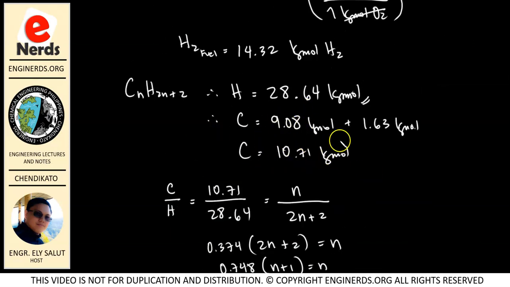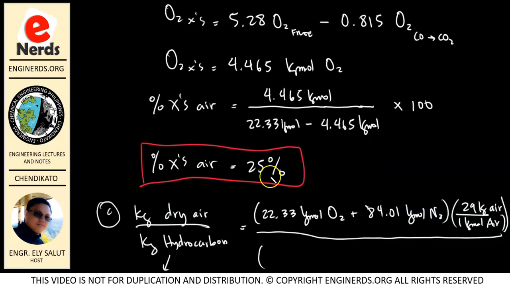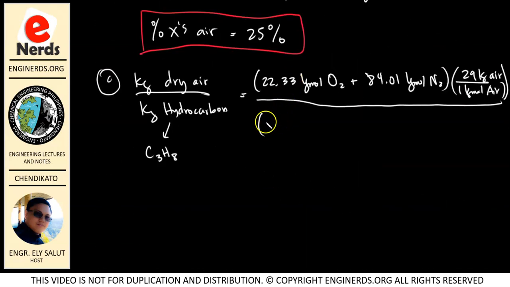We have 10.71 kilogram mole because 9.08 kilogram mole ng carbon sa CO2 and 1.63 kilogram mole sa CO. So, 10.71 kilogram mole of carbon. So, multiply na natin siya sa molecular weight niya, which is 12 kilogram of carbon for every 1 kilogram mole of carbon.